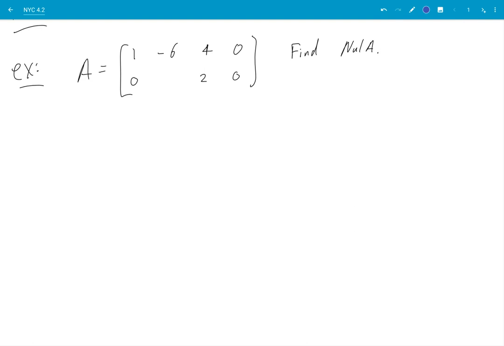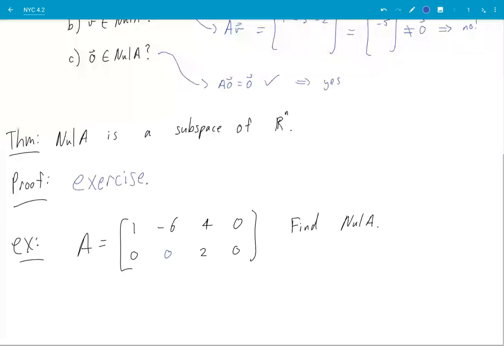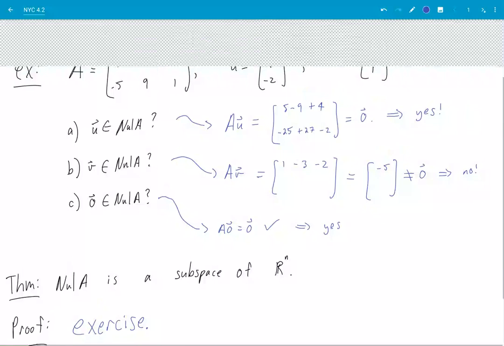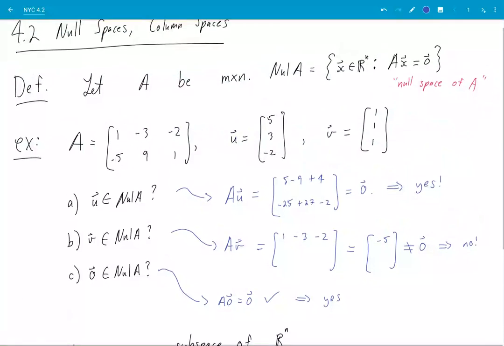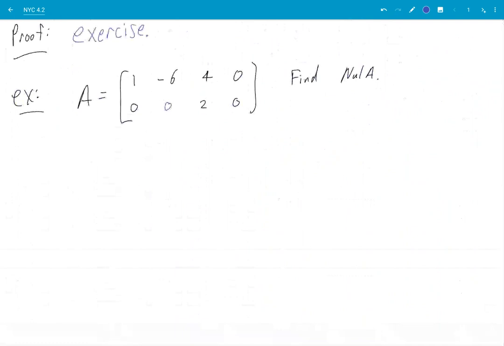For now, we will say, well, what is null A? If you think about it, it's something we've seen before. It's a solution set to this homogeneous equation. So you write something like X is in null A if and only if AX is 0, right?